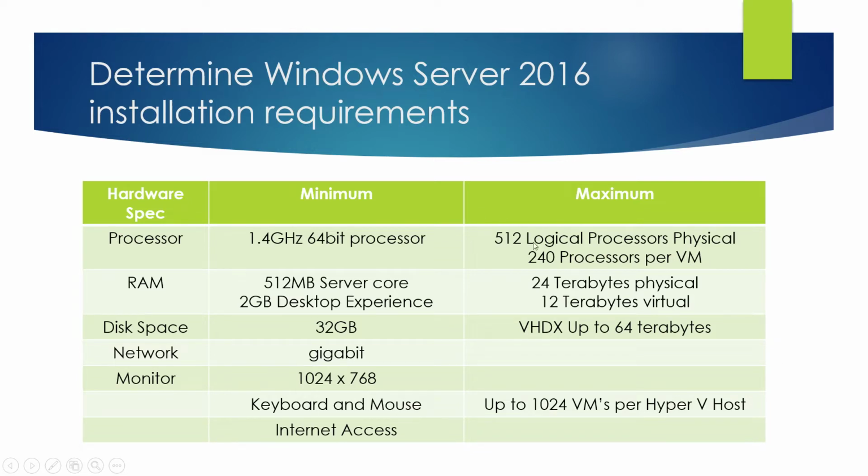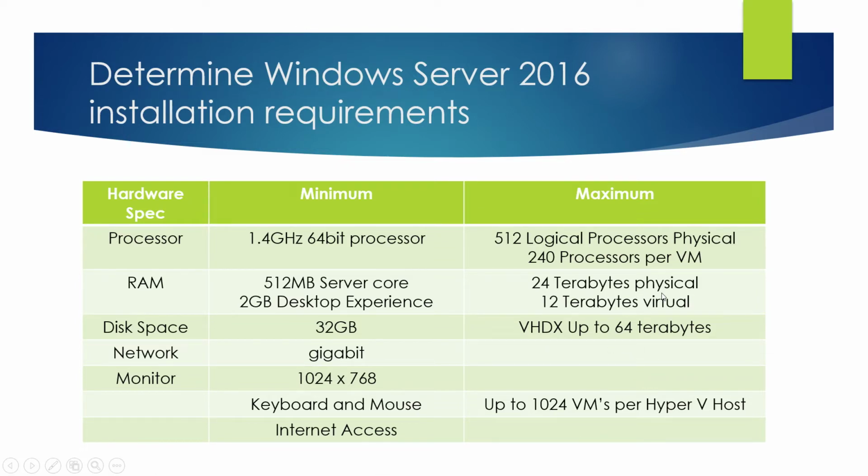Now these logical processors, for anyone that doesn't know, Intel works kind of funny, where this would actually be 256 processors, because Intel processors have hyper-threading. So for each processor core they have 2 threads, so they end up with double the amount of logical processors.